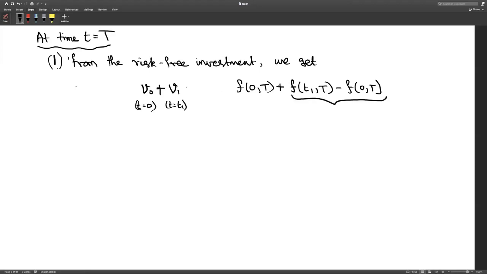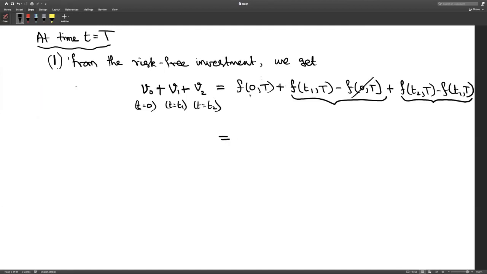And at time t equal to t2, what we have invested is going to give us V2, and that is going to be F(t2, T) minus F(t1, T). So this is coming from our second marking to market, amplified.